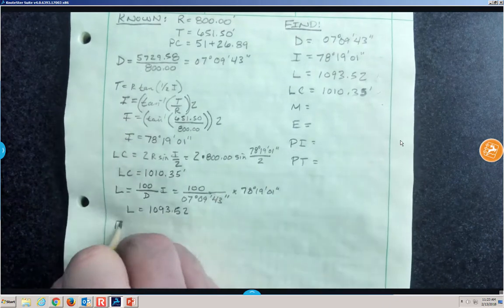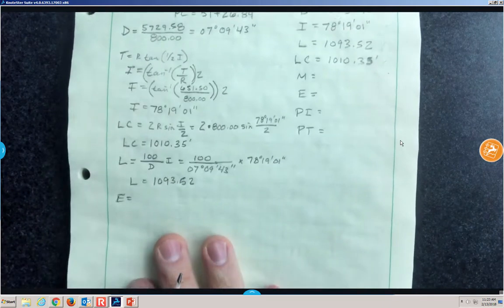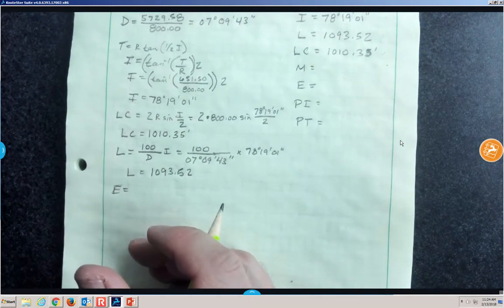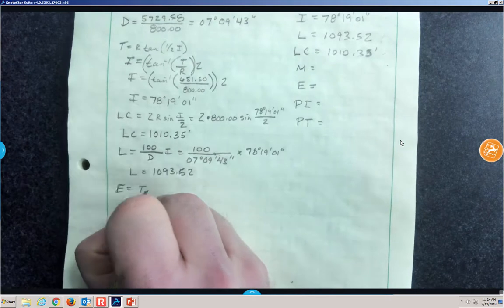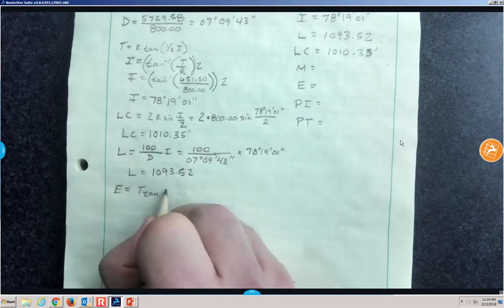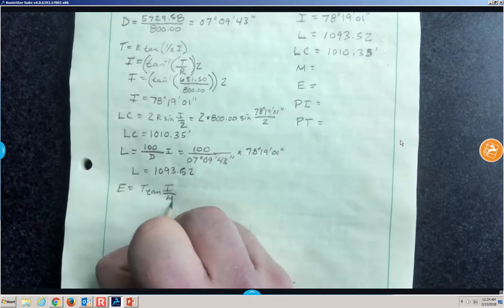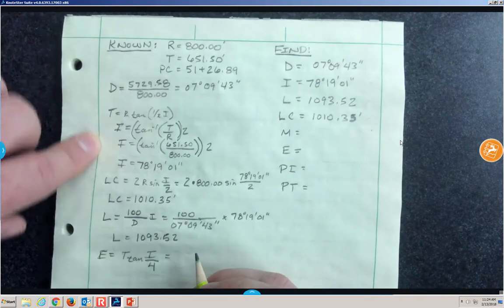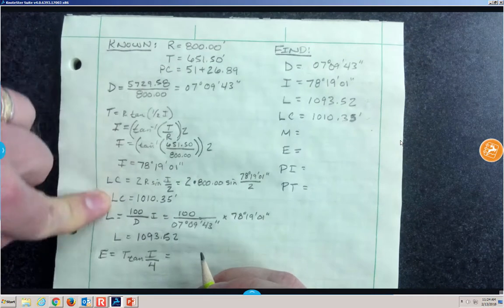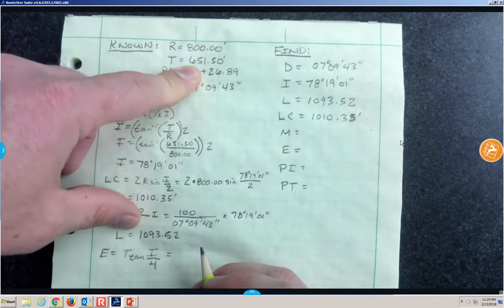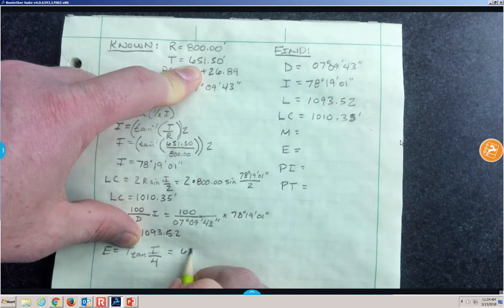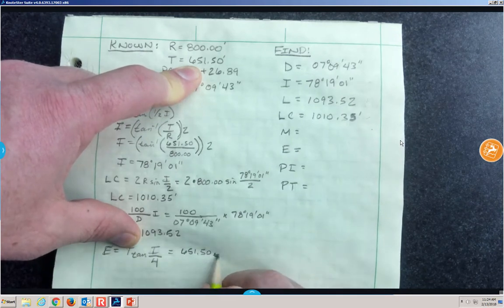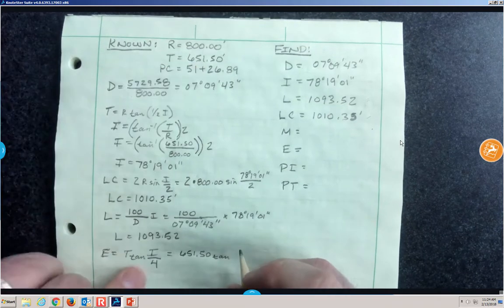All right, what do we want to solve for next? E? Okay. E equals T times the tangent of I divided by 4. So tangent, we figured out, is already given to us. So it's 651.50 times tangent of I divided by 4.